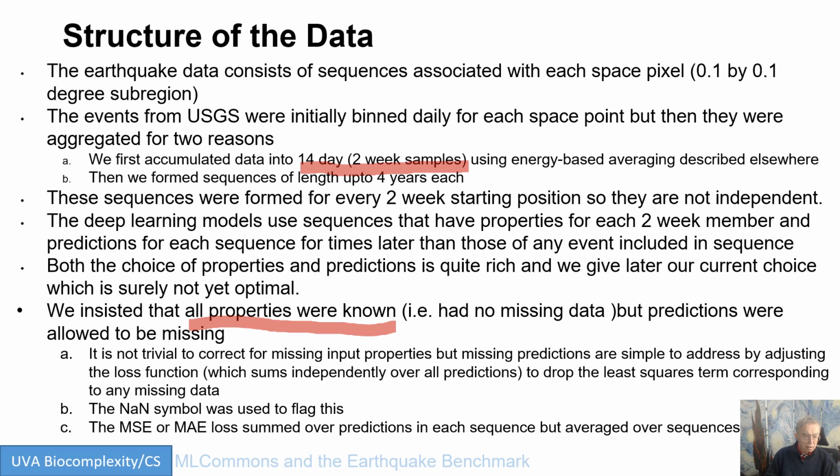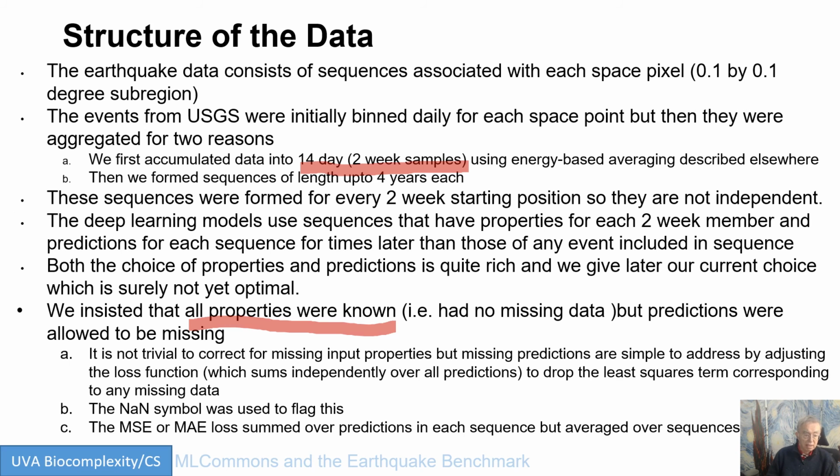And so as the sequences start near the end of the training data, we don't actually know the long time predictions, because if the starting points are within the last 4 years, we can't predict. We can't train on the 4-year data. So what we do is drop that predicted data. It's very simple, and I think it's unbiased, and it's straightforward.